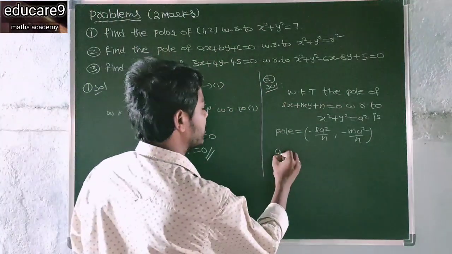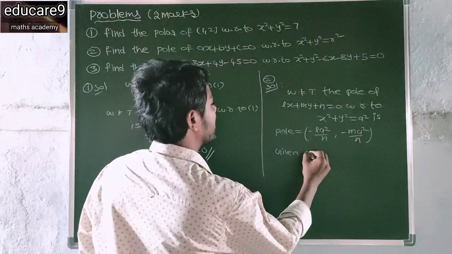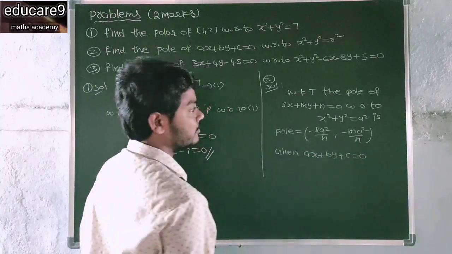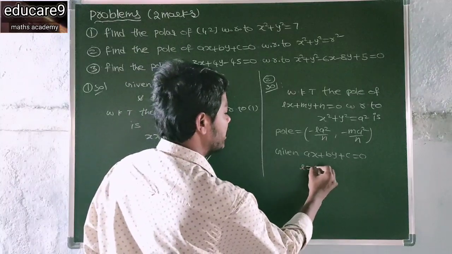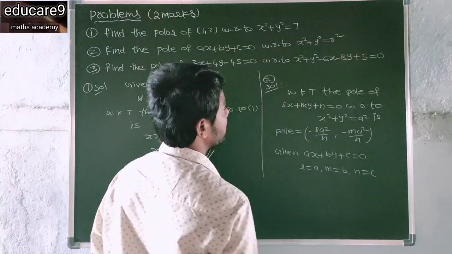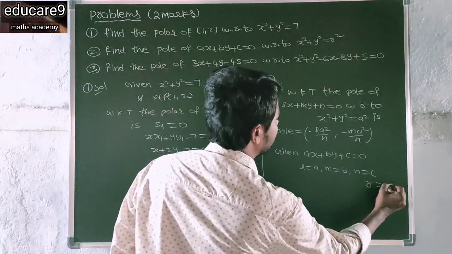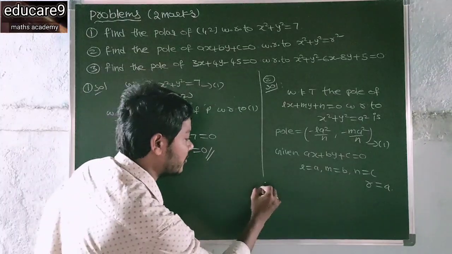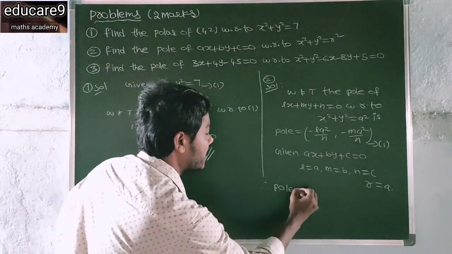So here given ax plus by plus c is equal to 0. So therefore l is equal to a, m is equal to b, n is equal to c, and r is equal to what? a. So therefore pole is what?